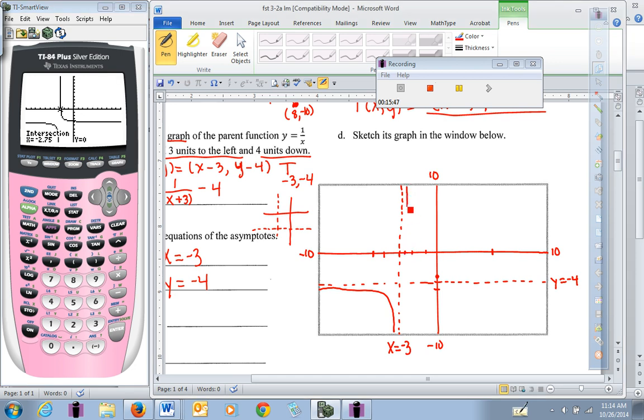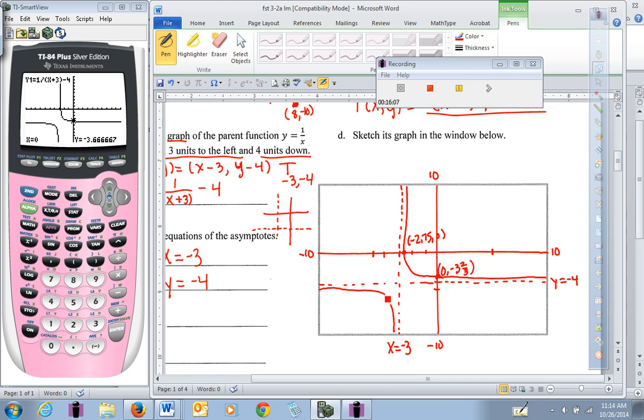So this comes down here and then turns and goes like this. So this ordered pair was negative 2.75 comma 0, and remember our y-intercept was at 0, negative 3 and 2/3, like so.